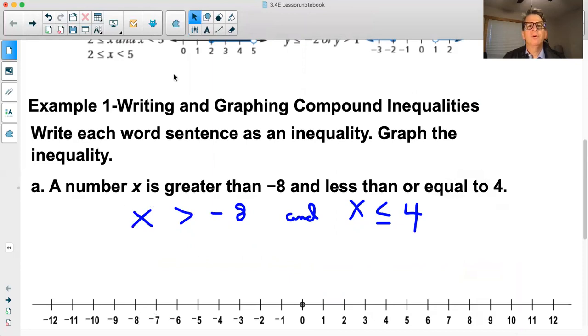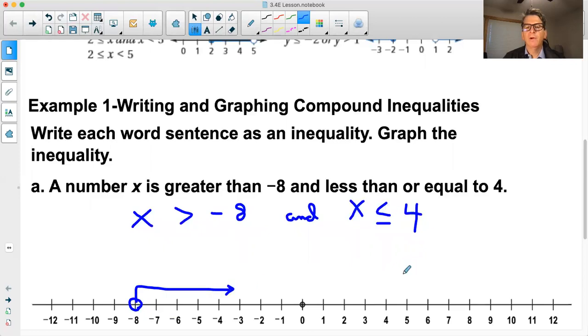So I'll first put a circle at -8, and I'm going to graph everything greater than that. Then I'm going to go over to x less than or equal to 4. So I'm going to have a solid dot at 4, and I'm going to go less than or equal to it.